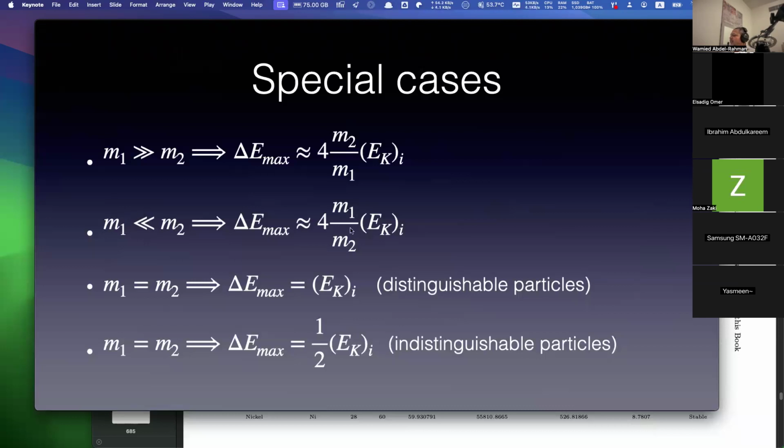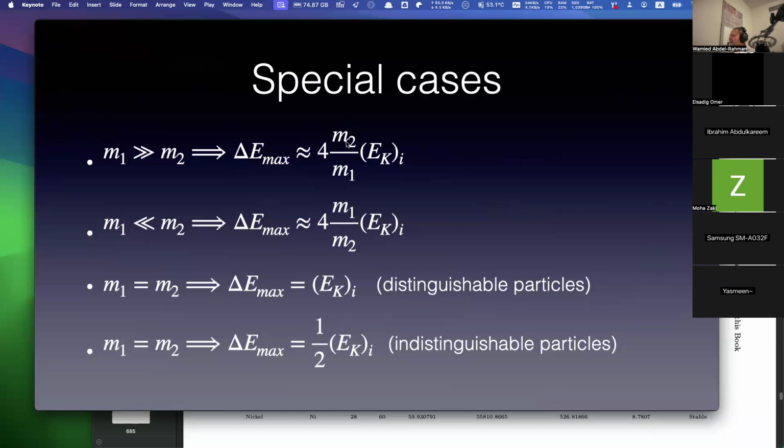M1 is the electron, so M1 is 0.511, and M2 now is the proton. So again, this is roughly around 2,000. So the ratio of the two multiplied by 4, I think it's 250, right? This ratio is 1 over 2,000 multiplied by 4. No, sorry.